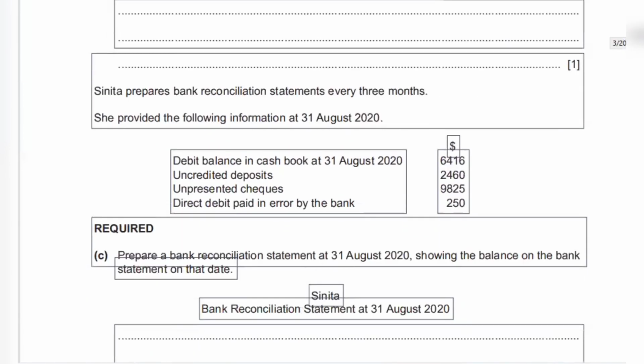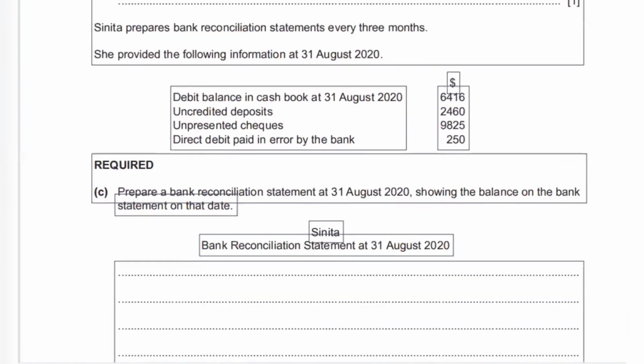Then we have Sunita prepares a bank reconciliation statement every 3 months. She provided the following information at 31st August 2020, debit balance in cash book at 31st August. We are required to prepare a bank reconciliation statement at 31st August 2020 showing the balance on the bank statement on that date.